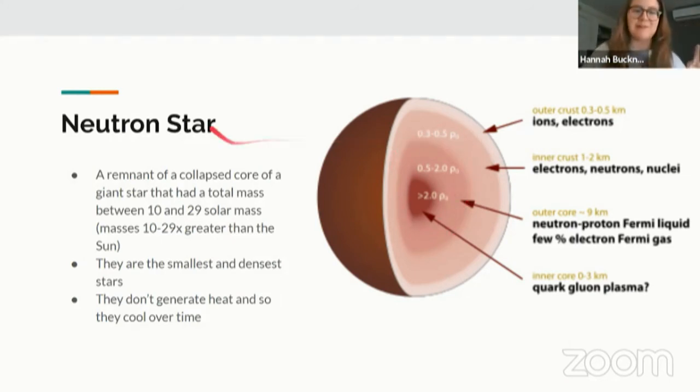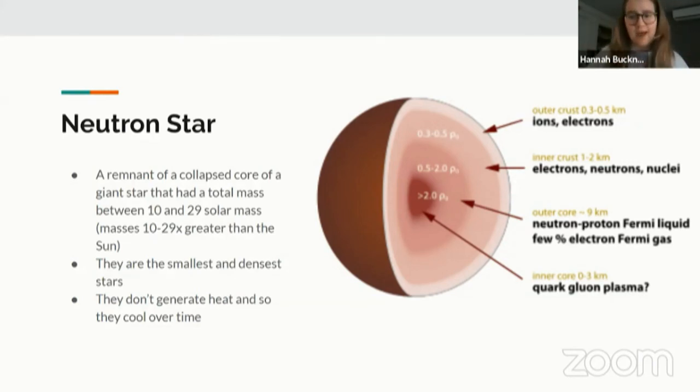Not going to go into that, don't worry. But essentially it's also the remnant of a collapsed core of a giant star, just like a white dwarf would be, except it's only for stars that had a mass between 10 and 29 solar masses, meaning the mass was 10 to 29 times greater than that of our sun.